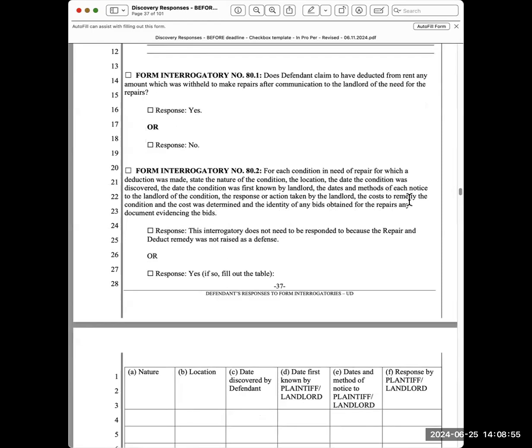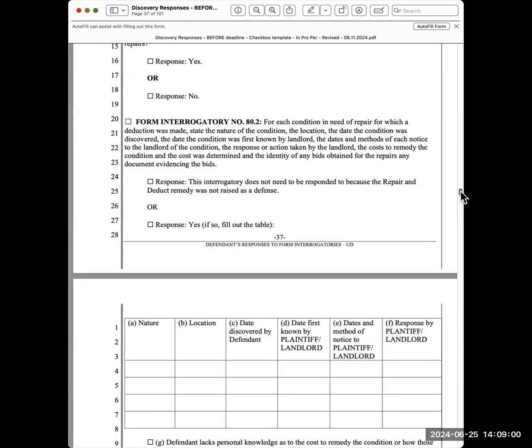Then for each of the questions that begin with 80, you're going to put in information answering those interrogatories. The first question is yes or no. Either it applies or it doesn't. Next question, 80.2.